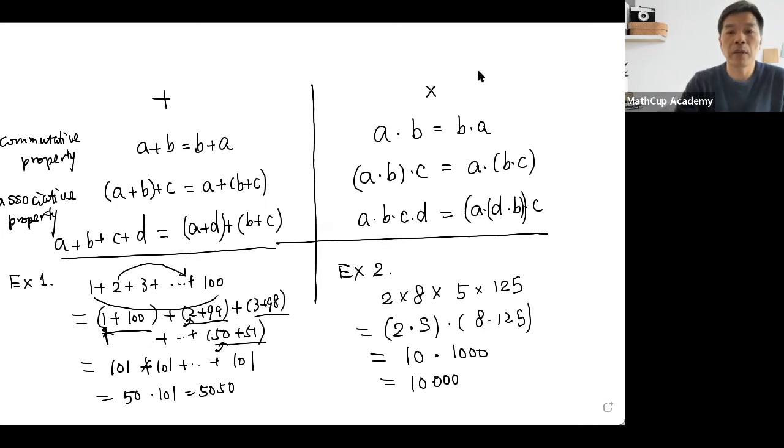And the next property we're going to look at is combining addition and multiplication. This is called the distributive property.